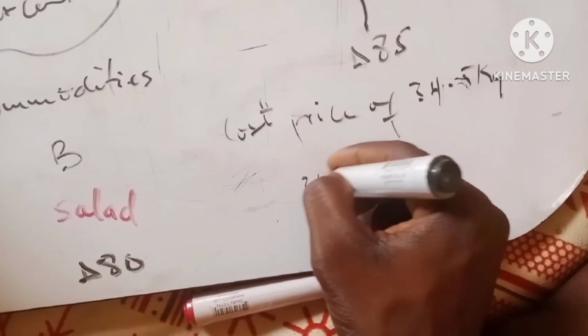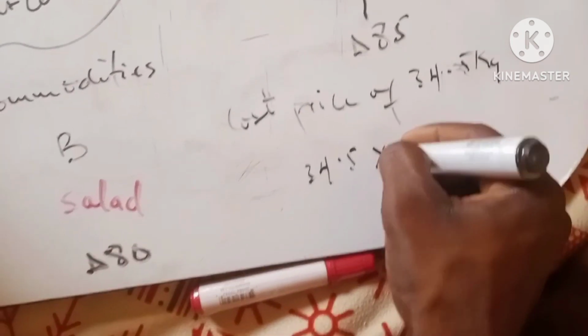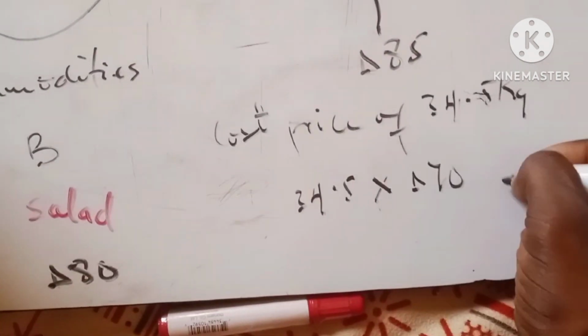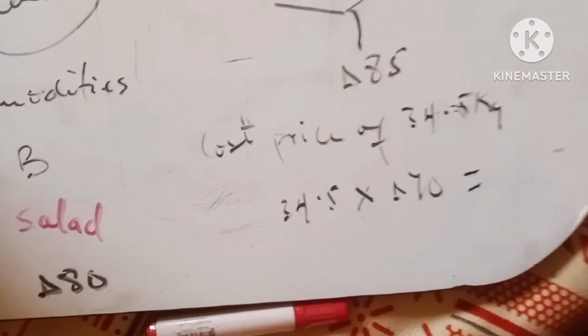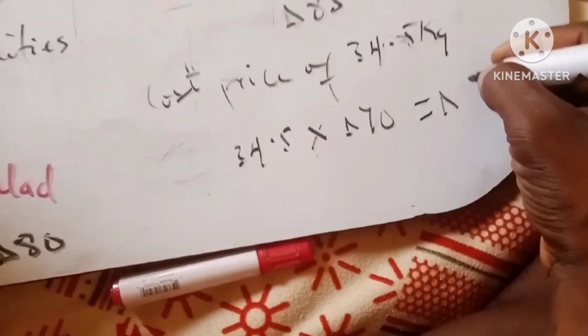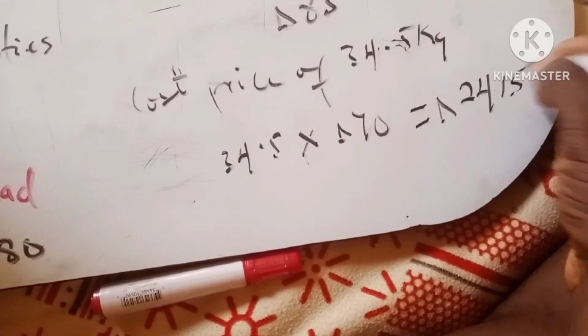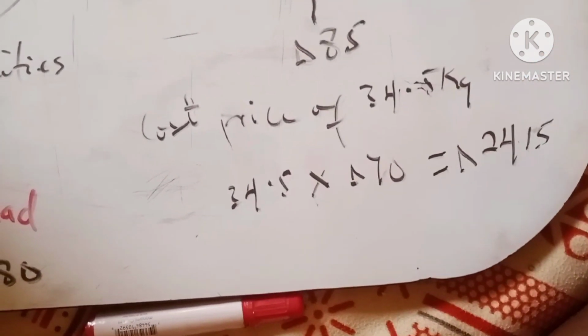That's going to be 34.5 multiplied by the price of the rice, D70. What are we going to get here? According to my calculation, I have 2415.